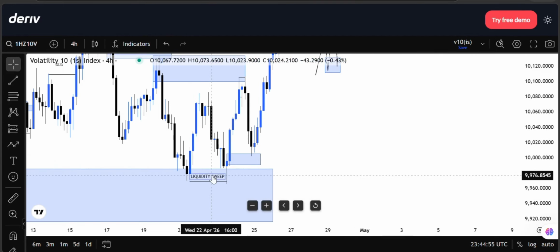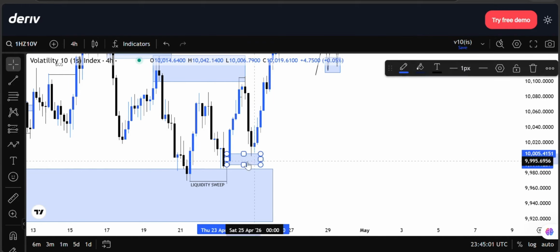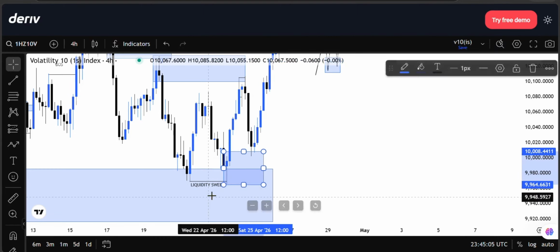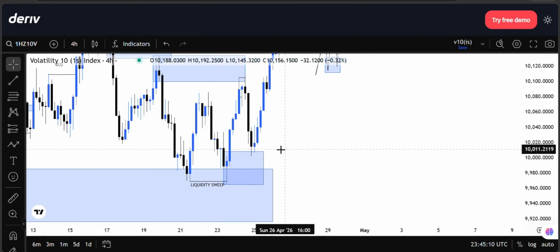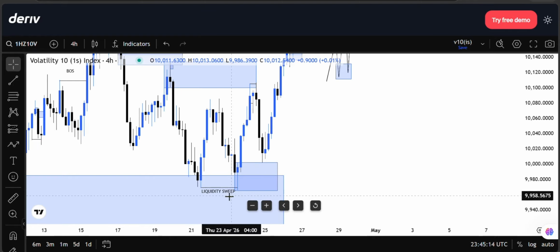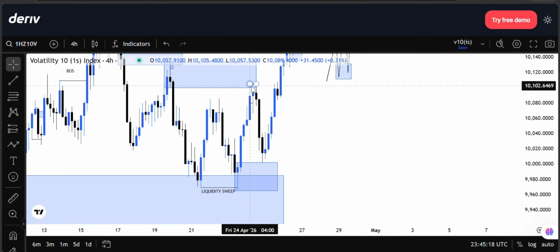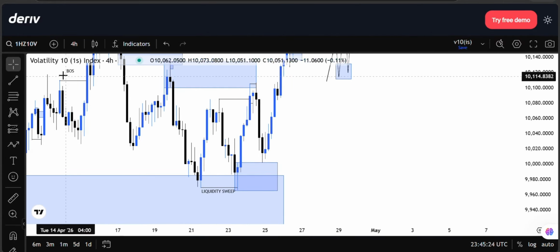All right, so we have that sweep of liquidity right here, and then of course we saw this order block. This is that order block. Okay, so that order block, it swept liquidity, took out this previous low, and then it broke structure. We saw that there's this break of structure to the upside, so we have this break of structure right here.